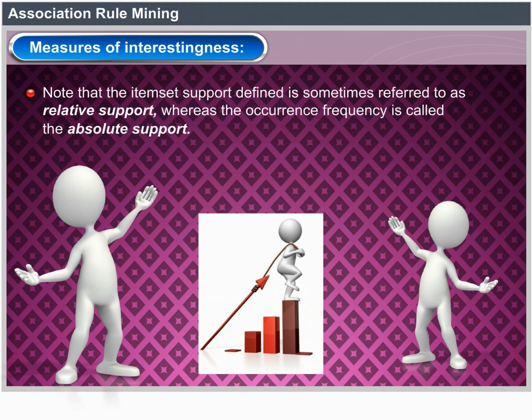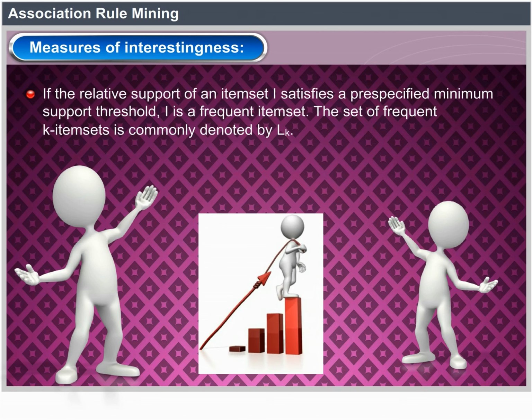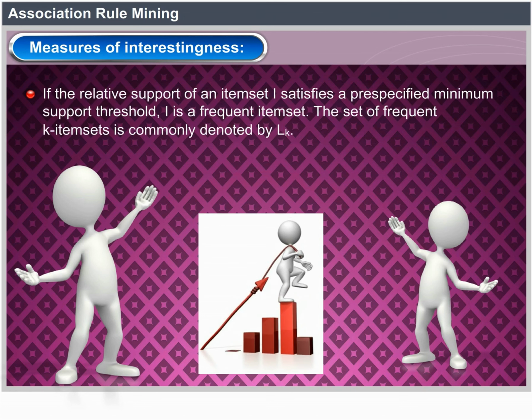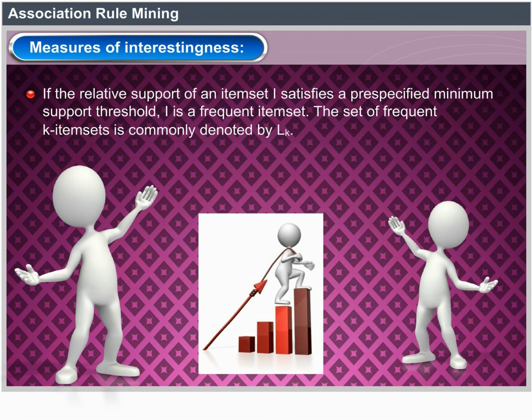Note that the item set support defined earlier is sometimes referred to as relative support, whereas the occurrence frequency is called the absolute support. If the relative support of an item set I satisfies a pre-specified minimum support threshold, then I is a frequent item set. The set of frequent k item sets is commonly denoted by Lk.